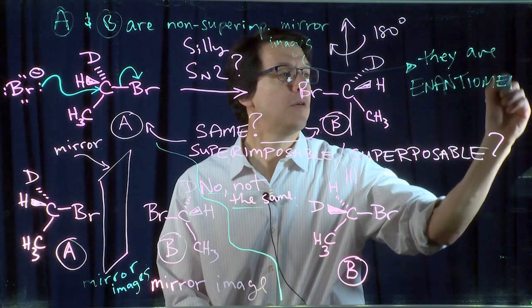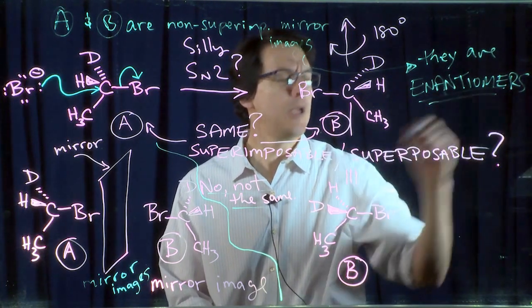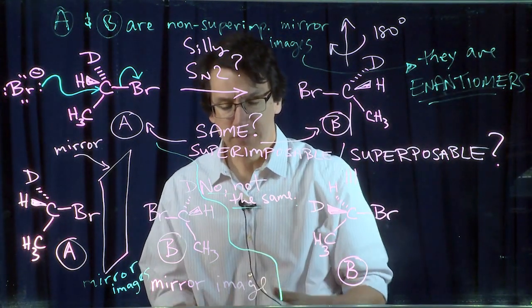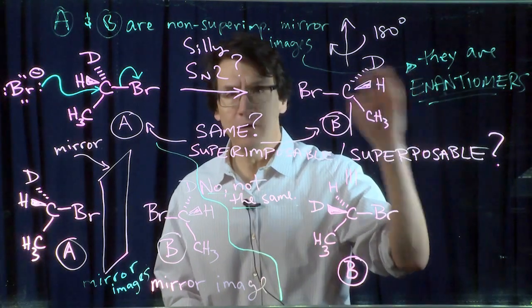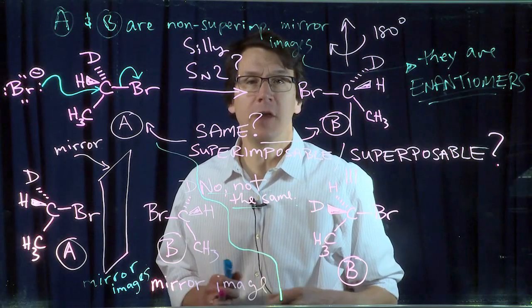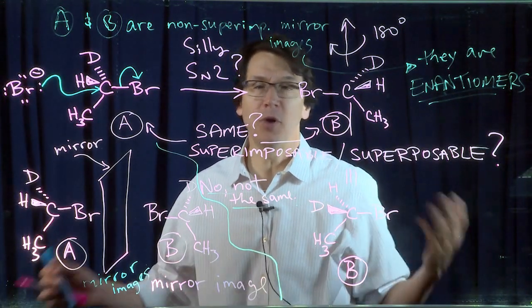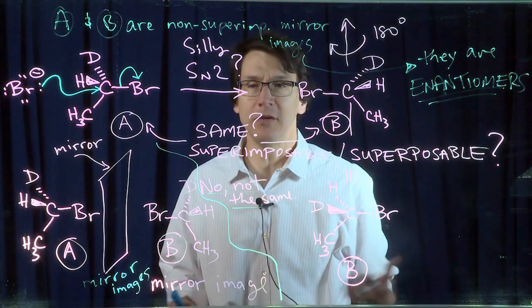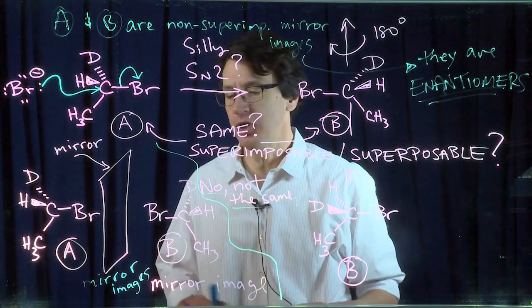Here we have to consider a little bit of semantics. Enantiomers is a relationship. So A and B are enantiomers of each other, kind of like I'm the brother of somebody, and somebody is my sister. That's a relationship.